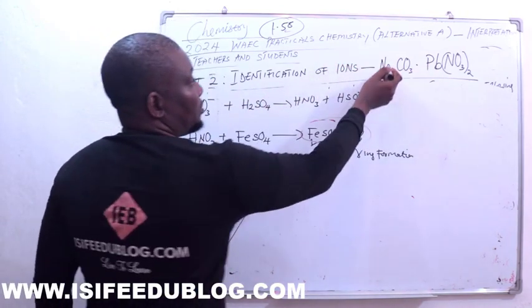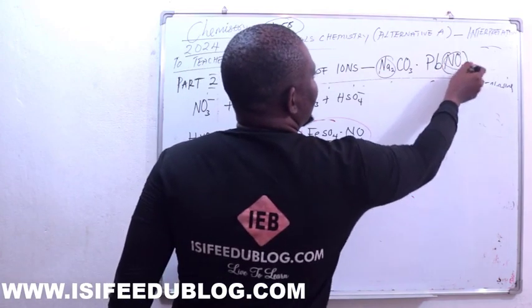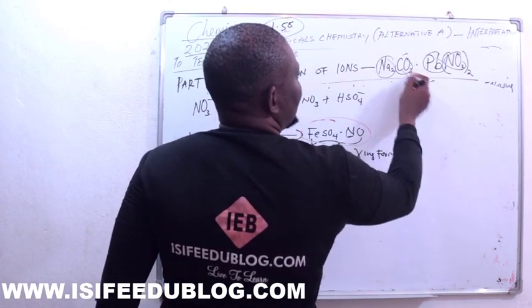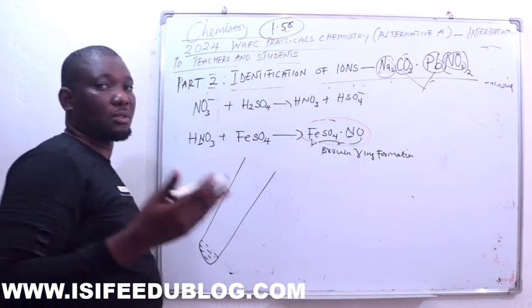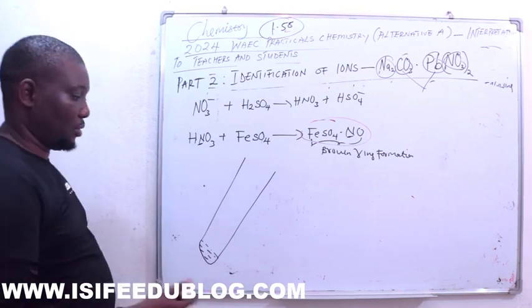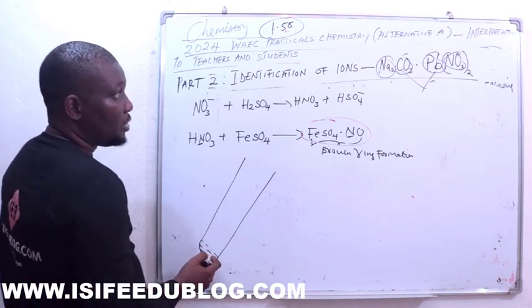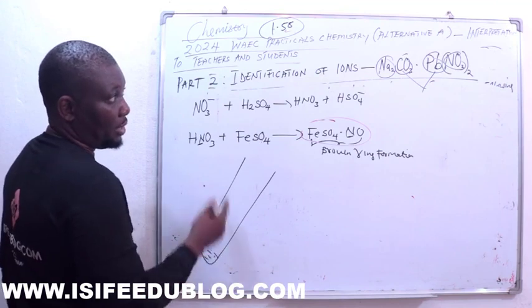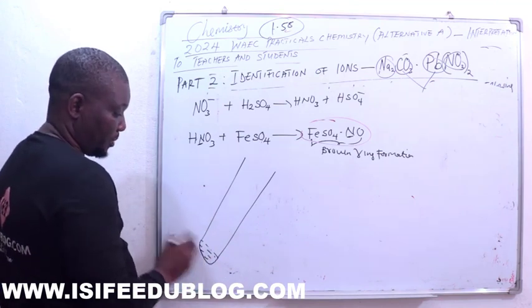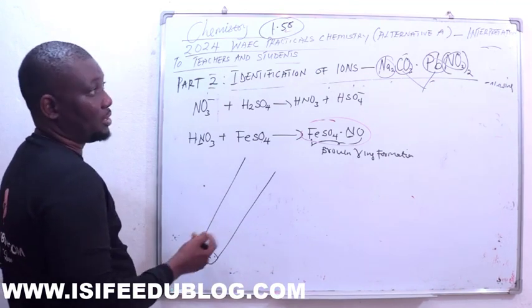The filtrate comes from the dissolution of the two salts. The filtrate, like I told you, could be any, but in this case nothing else is identified.